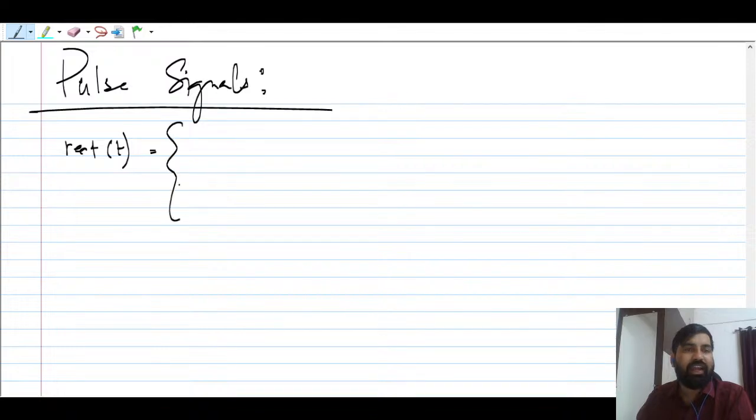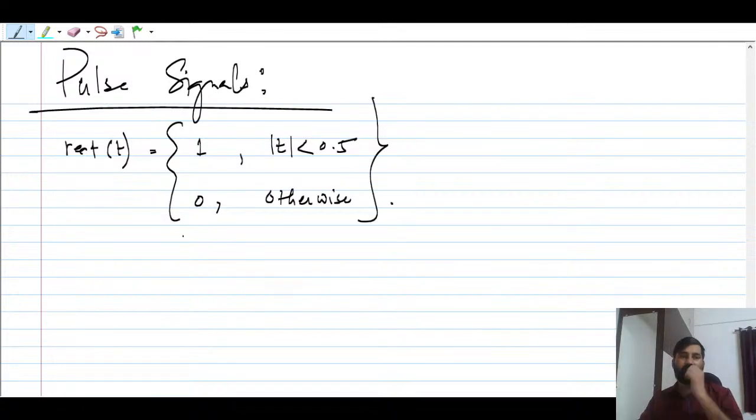It is defined as 1 for mod of t less than 0.5, and it is 0 otherwise. Okay, please remember this. This is called the pulse signal, rect t. So how do we represent this?